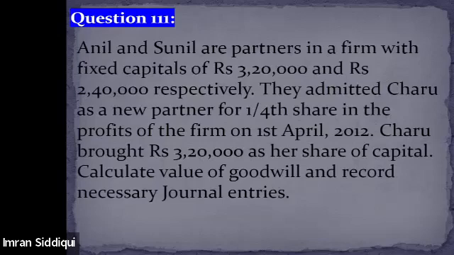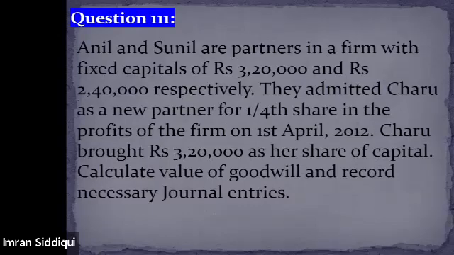Their fixed capital balances are 3,20,000 and 2,40,000 respectively. They have admitted Charu as a new partner for 1/4 share in the profit of the firm as on 1st of April 2012, and Charu brought in 3,20,000 as her share of capital. And the question is saying to calculate the value of goodwill and record the necessary journal entry.